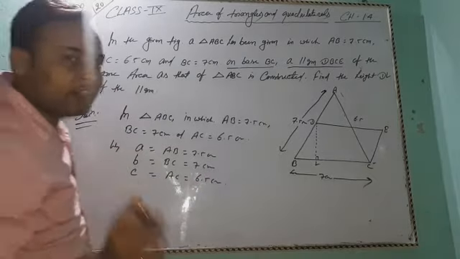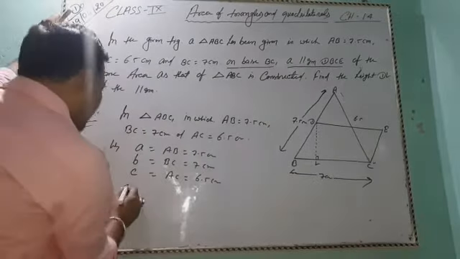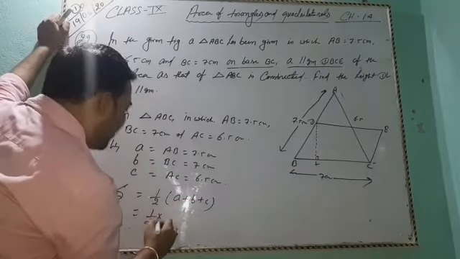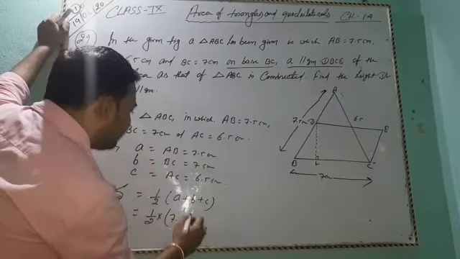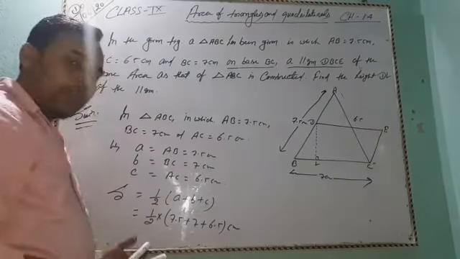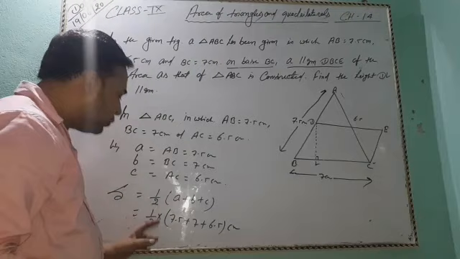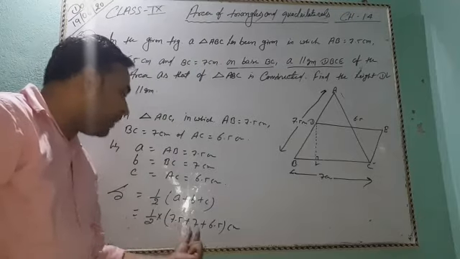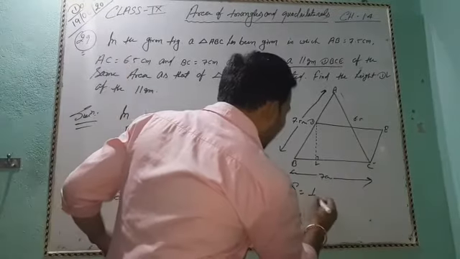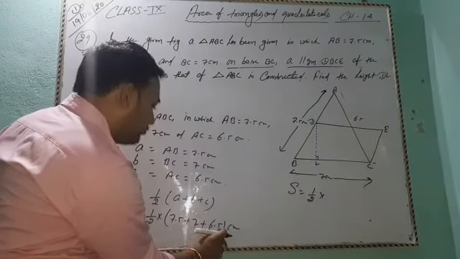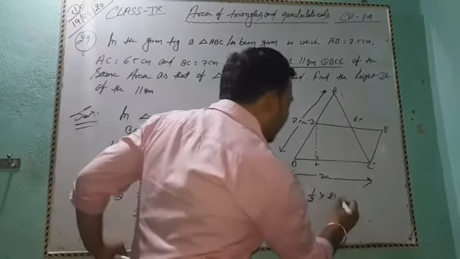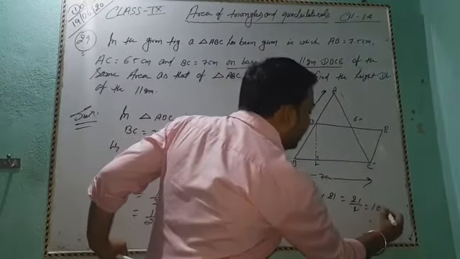and c equal AC equal to 6.5 centimeter. So first of all we find the semi-perimeter of this triangle. The semi-perimeter s equals half into a plus b plus c, which is 1 by 2 multiplied by 7.5 plus 7 plus 6.5 centimeter. 7.5 and 6.5 make 14, and 14 plus 7 is 21, so s equals 21 by 2 equals 10.5 centimeter.